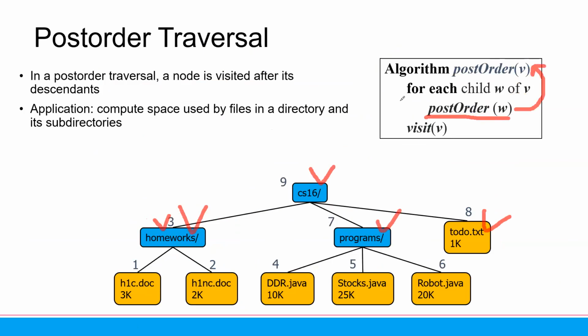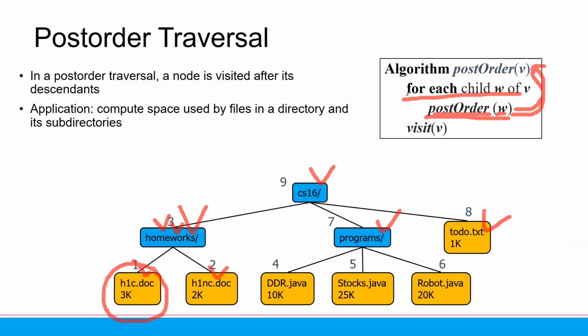Here I will check the child. For each child of this node, I will do the post order W. So I will do it again on this node.